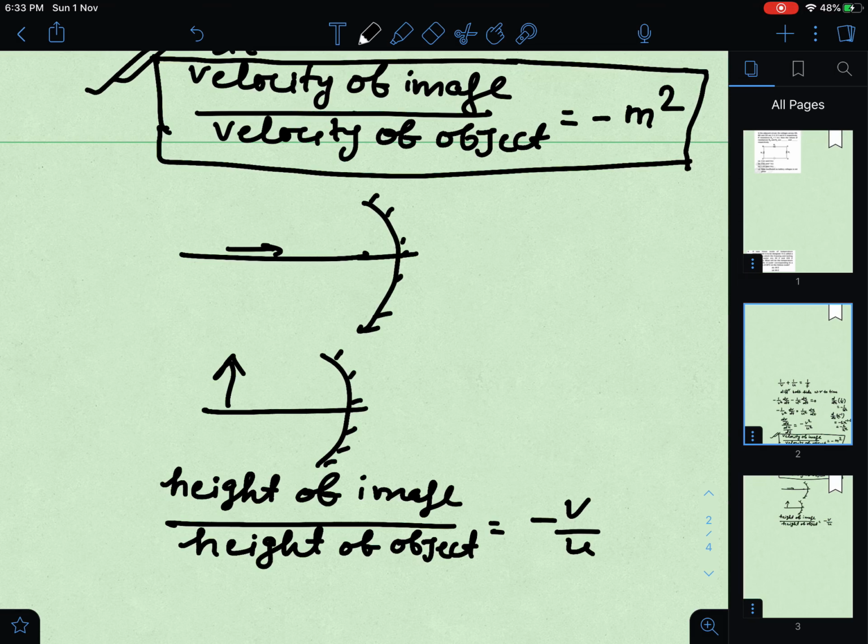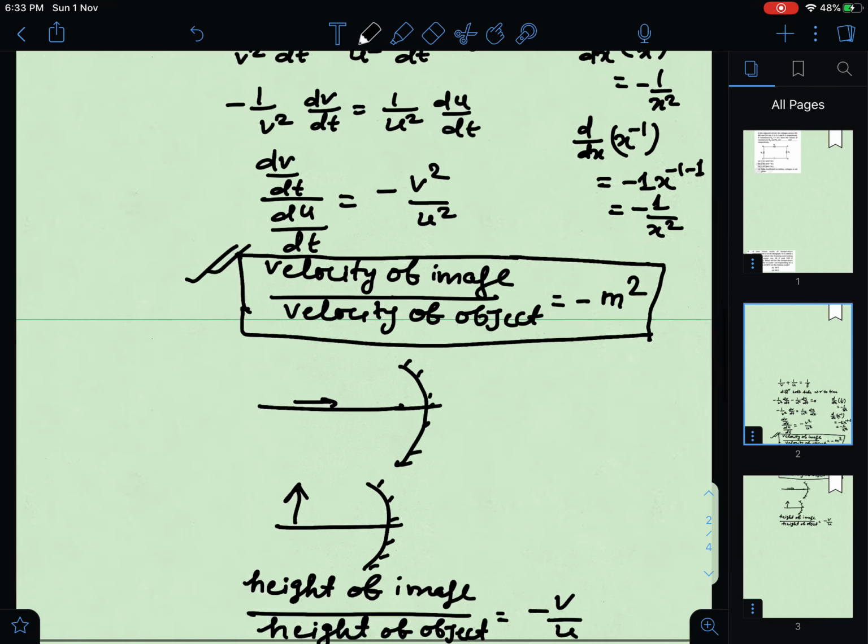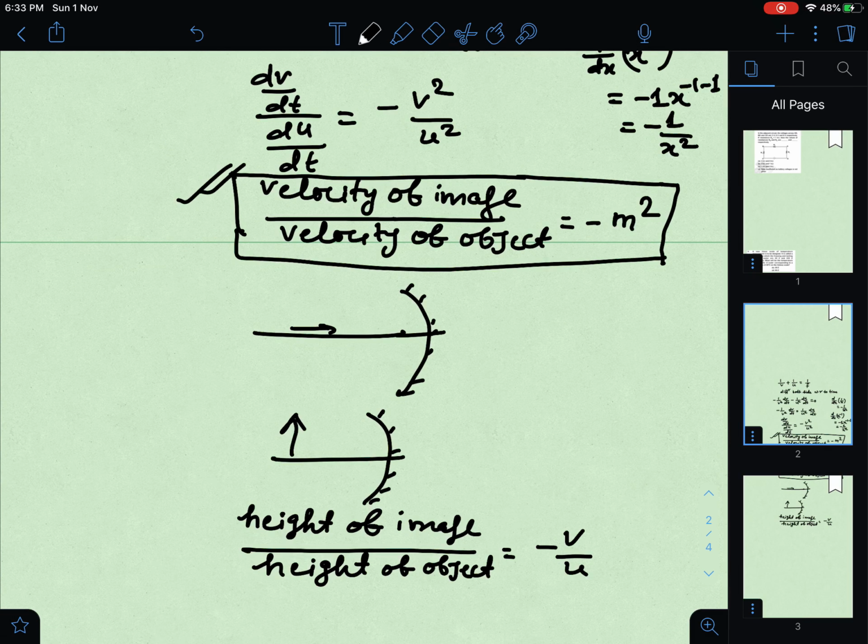I already discussed this in earlier classes. Minus v by u is image distance upon object distance, and in the formula 1 by v plus 1 by u is equal to 1 by f, magnification is nothing but minus v by u.